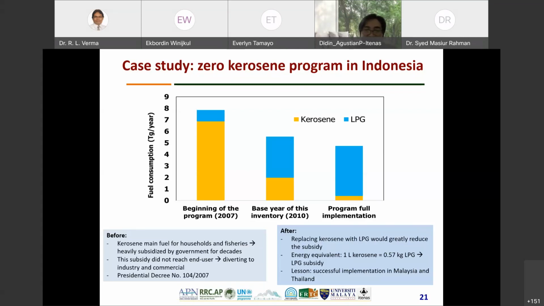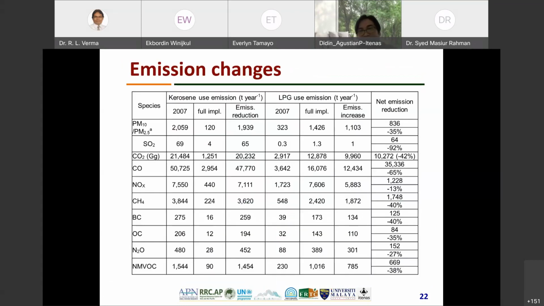The government also tried to learn from some neighboring countries, for example Malaysia and Thailand. So we have 3 phases: the beginning of the program, the base year of the emission inventory, and the end of the program. We would like to know whether we will achieve some net emission reduction or not, from both air pollutants as well as greenhouse gases.